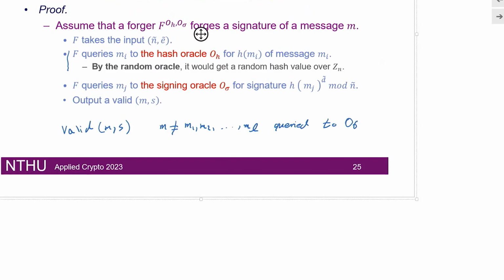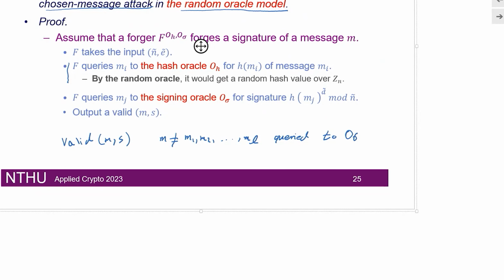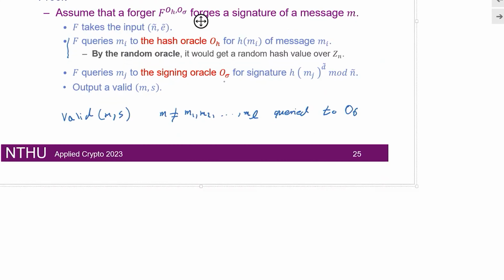It means that the attacker, after claiming that he forged the signature, can get the hash of the message from the hashing oracle, but it shouldn't be the case that he asked for the signature of this message from the signing oracle.